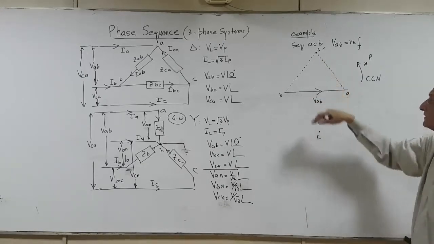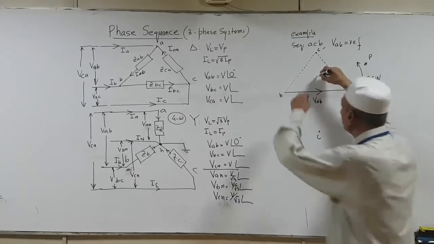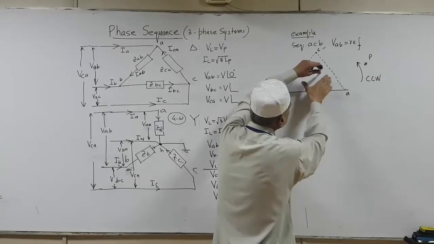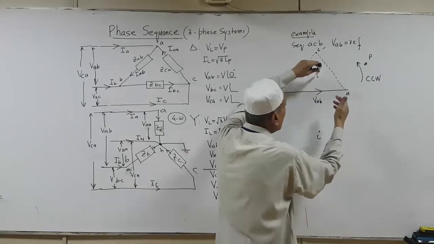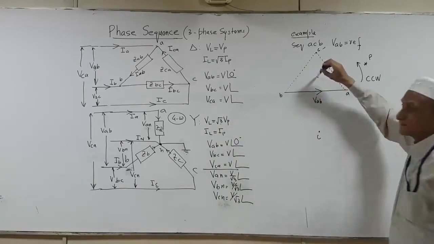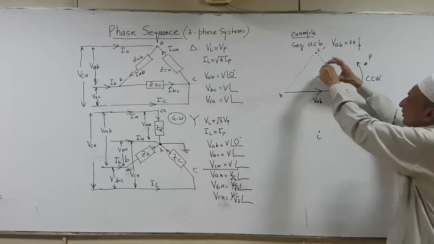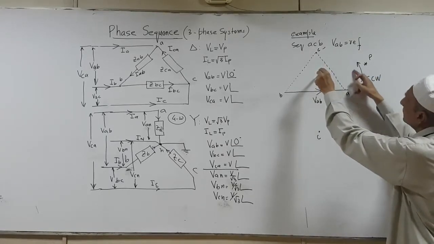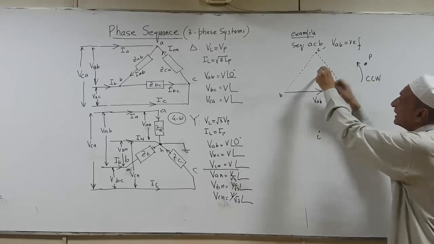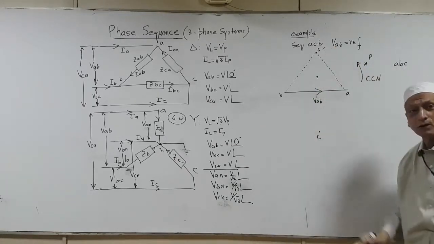So we have an equilateral triangle ABC. Now if we consider a pivot point and rotate this equilateral triangle in the counterclockwise sense, let's see which point passes in sequence past this point P. A will come first, followed by B and then C. So the sequence is ABC, which is not what we want.